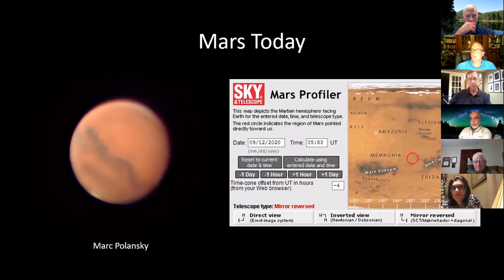He's picked up the northern hood, which is an envelope of clouds over the north pole of the planet. And you can see the very small southern polar ice cap. So this view is only going to get better in the next few weeks. But Mark's already working on taking some great images.